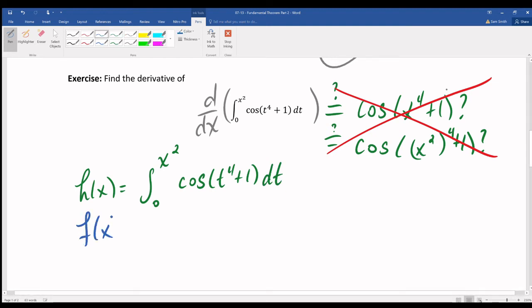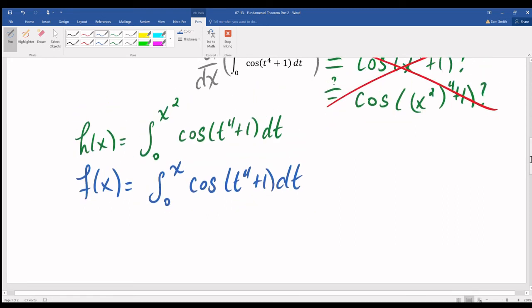I'm going to call f of x the function that we wish we had, which integrates not from 0 to x squared, but from 0 to just x. If I had this function, f of x, I would be in great shape, because f prime of x can be found just by plugging x into t's position.